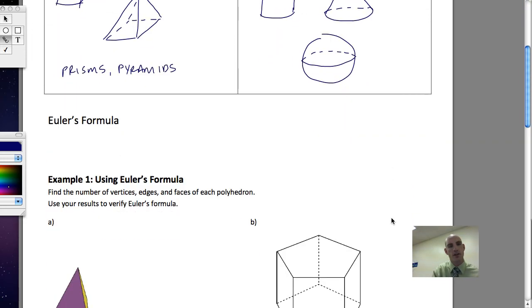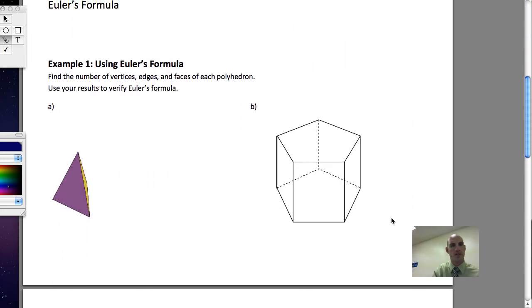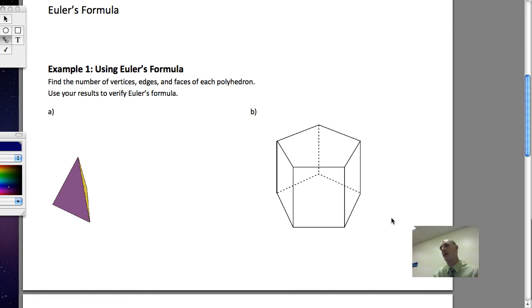And so Euler was a mathematician, and he came up with a formula for finding the number of faces, edges, and vertices. So F equals faces, E equals edges, and V equals vertices. Not too creative there.